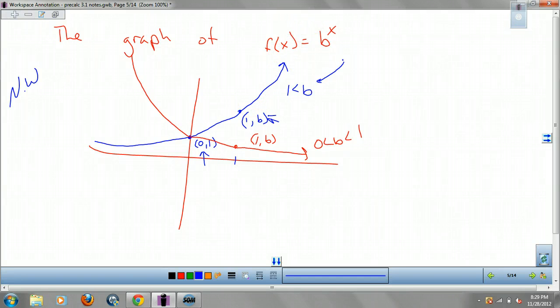Exponential growth. Now, if b is between 0 and 1, so it's a decay, you start high, you slowly come down. You still hit the point 0, 1, and you still hit the point 1, b, but you're getting smaller and smaller and smaller. Those are your two graphs.